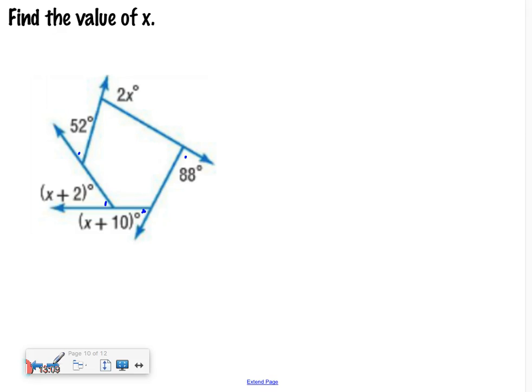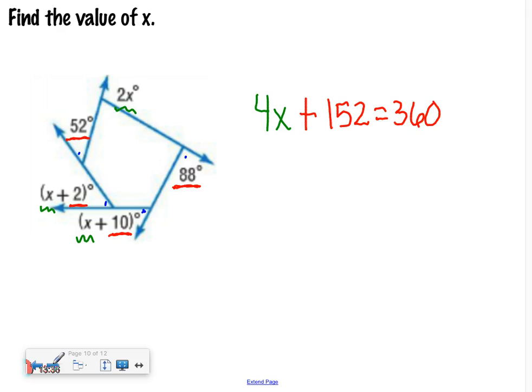But yeah, add them up, set it equal to 360. What did you guys get for the value of x? 50.